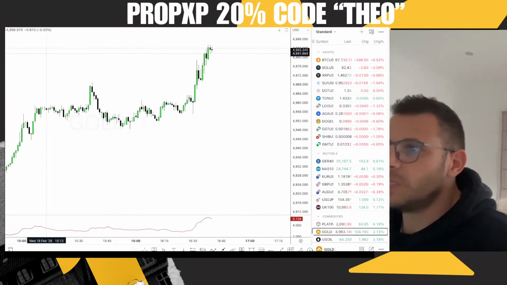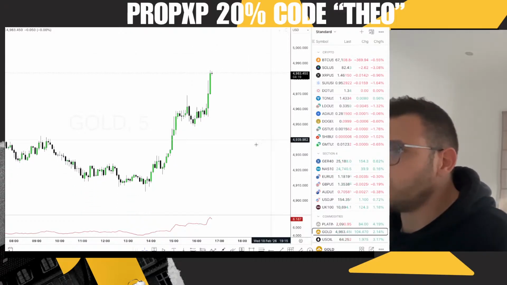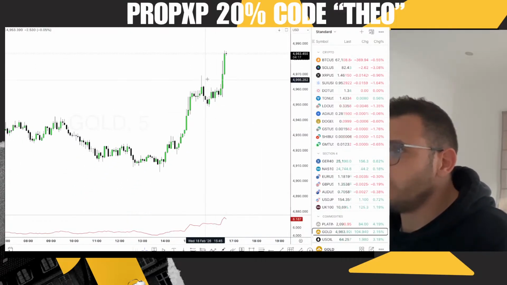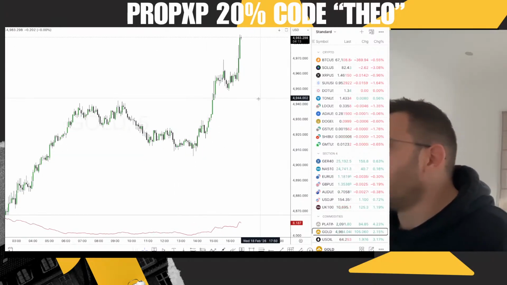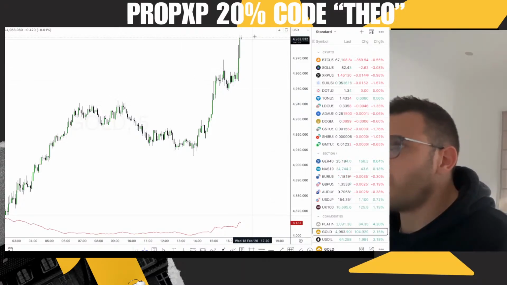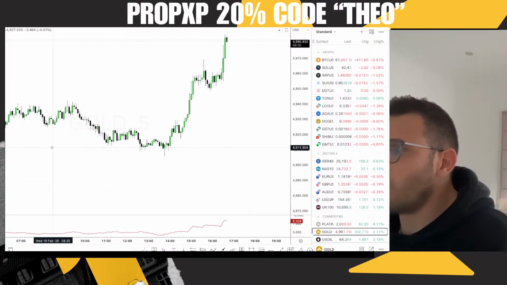Gold is rallying. On the 5 minute chart, the market already makes higher highs and higher lows, and it looks more bullish than bearish.